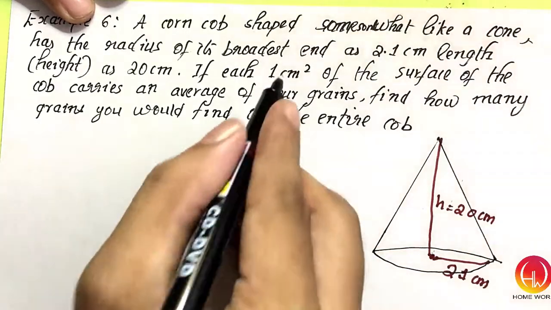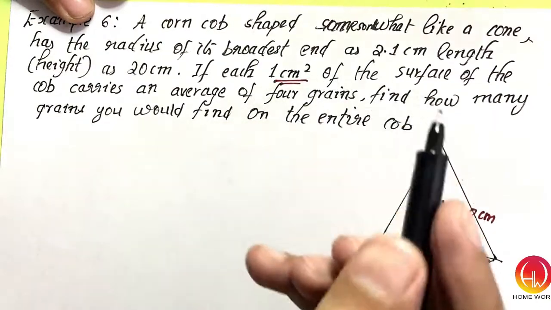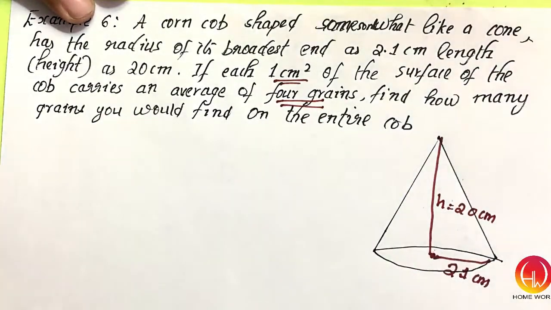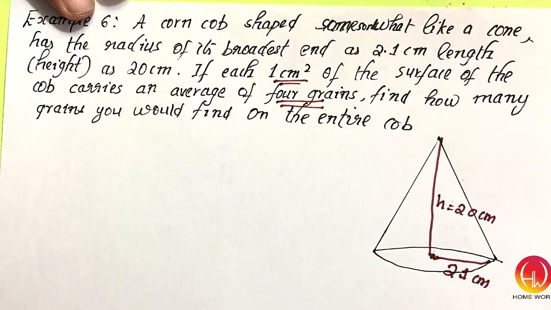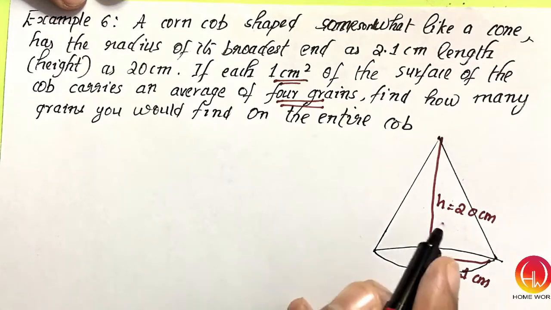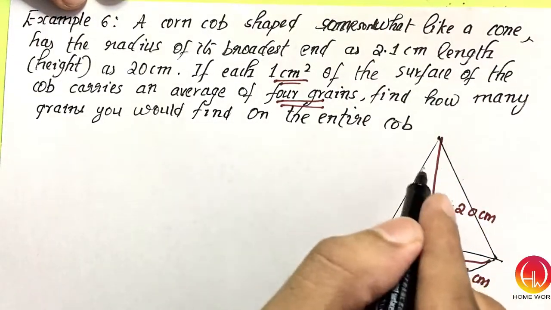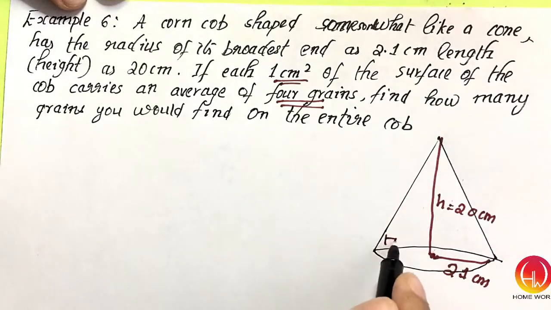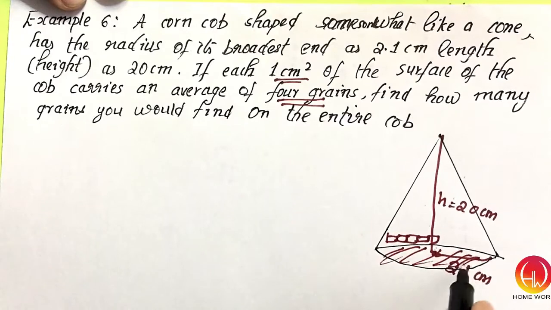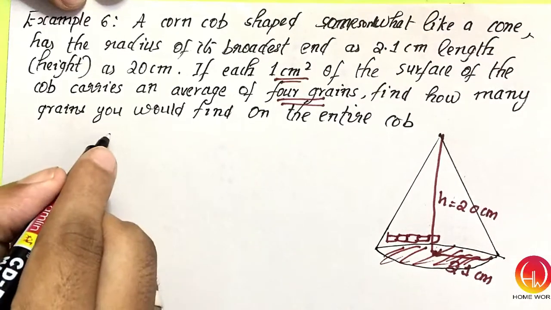If each 1 cm square of the surface of the cone carries an average of 4 grains, find how many grains you would find on the entire cone. We know if we consider a cone, you can see grains only on its CSA part, and so here we want to find its CSA.